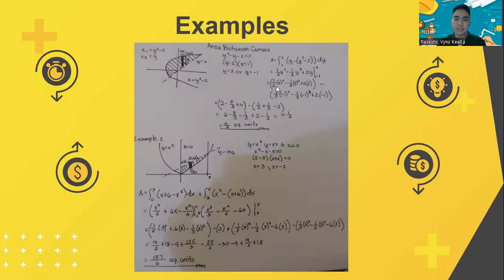So we're going to substitute the limits. So 1/2 times 2 squared minus 1/3 times 2 cubed plus 2 times 2, minus 1/2 times negative 1 squared minus 1/3 times negative 1 cubed plus 2 times negative 1. The answer is 2 minus 8/3 plus 4, minus 1/2 plus 1/3 minus 2.